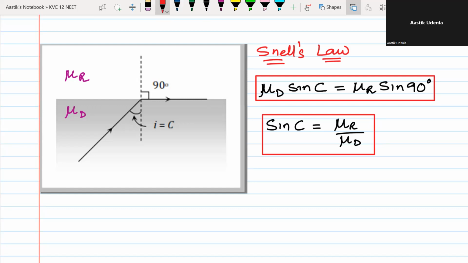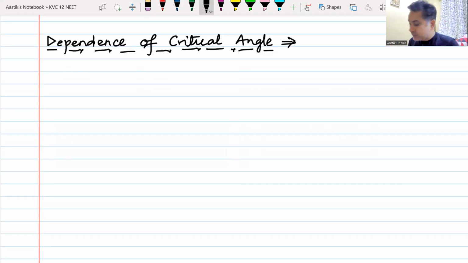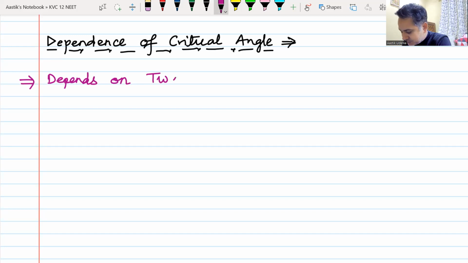Have you noted it down? Yes, sir. Then we move on and see on what all factors the critical angle depends. Number 1, it depends on the two mediums. For different mediums, the critical angle would be different.